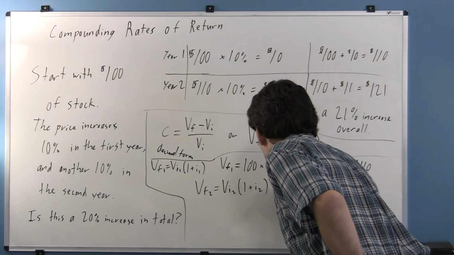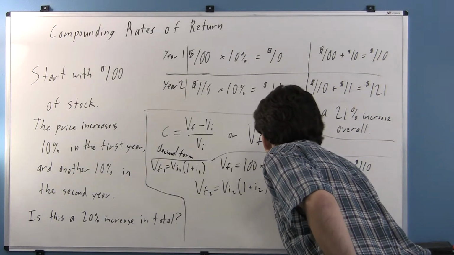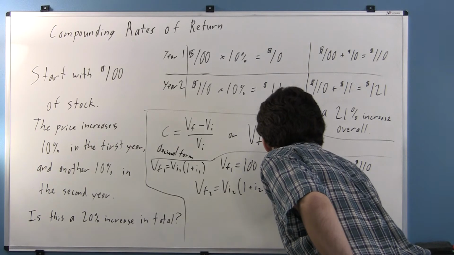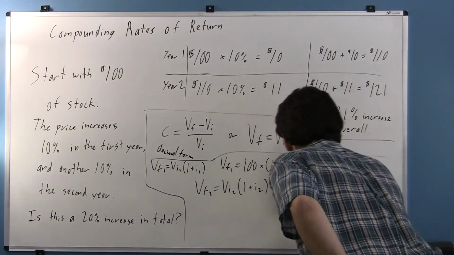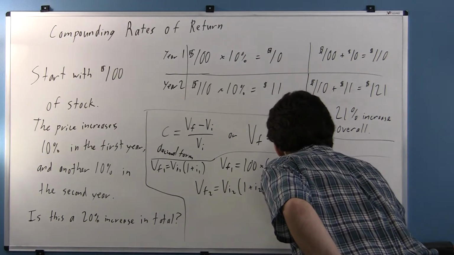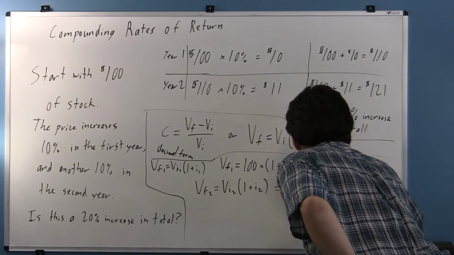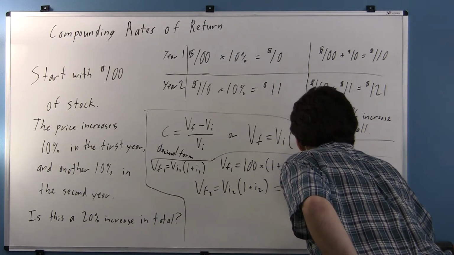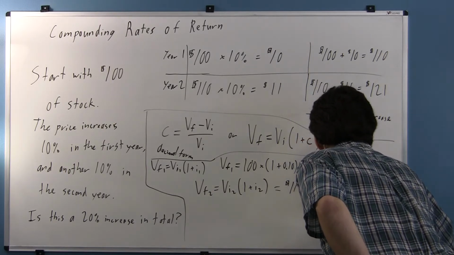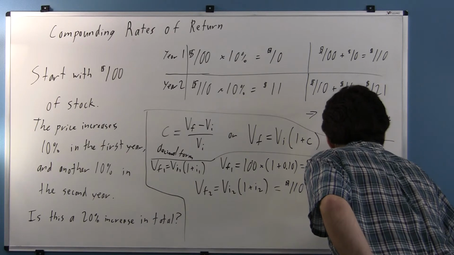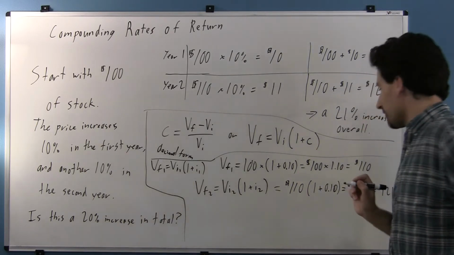So if we put in our numbers here, what do we have? We have $110 times 1 plus 0.10 again. So that's 110 times 1.10, which gets us our $121.